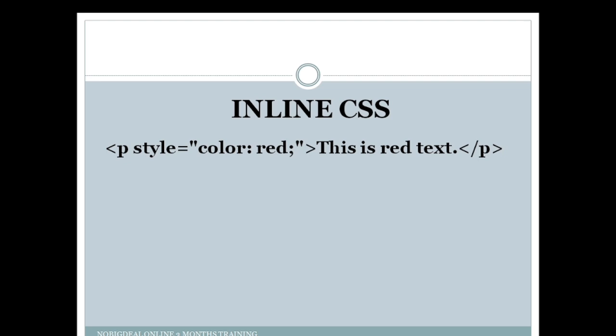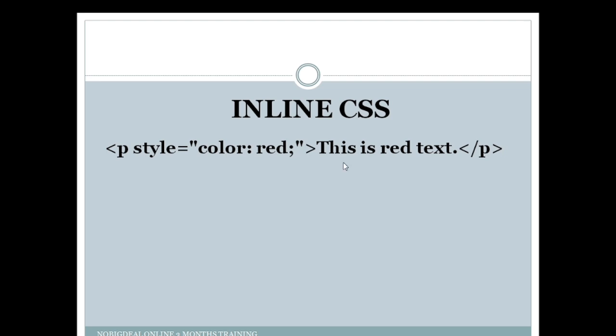What I mean is that whenever you are writing inline CSS, the CSS is written in the HTML element using the style attribute. This is our tag, this is the attribute, that is style. Then we have the values. This is the element, this is the attribute, and this is the value.